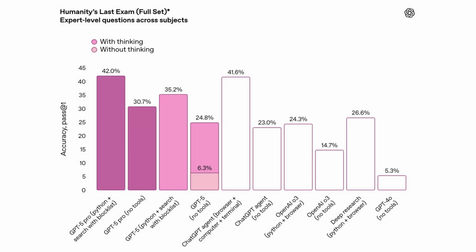According to OpenAI's published results, GPT-5 scores around 25% without tools and around 42% in its Pro variant. But we need to be aware that the Grok 4 score without using tools was around 26%, meaning that GPT-5 is a little bit behind the Grok 4 model.